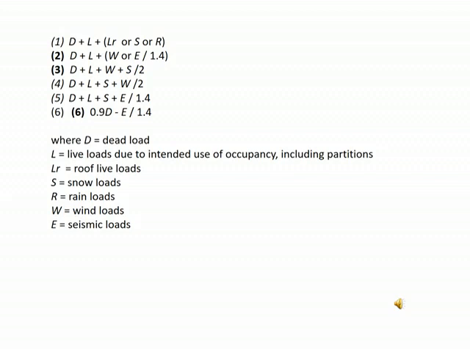The next one is D plus L plus W or E, divided by 1.4. Here D is a dead load, L is a live load, W is a wind load, and E is a seismic load, divided by 1.4. The third is D plus L plus W plus S divided by 2, where S is a snow load. We also write D plus L plus S plus E divided by 1.4, or 0.9D minus E divided by 1.4. So those are the sub-kinds of the loads.